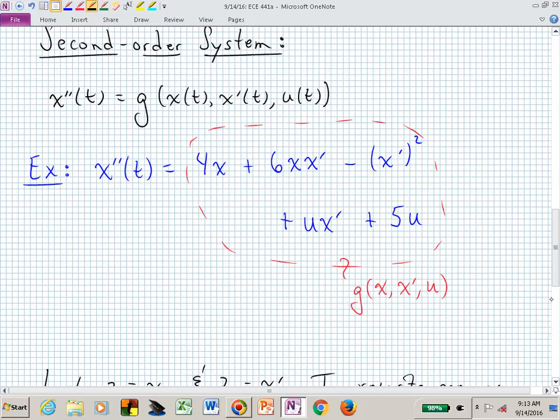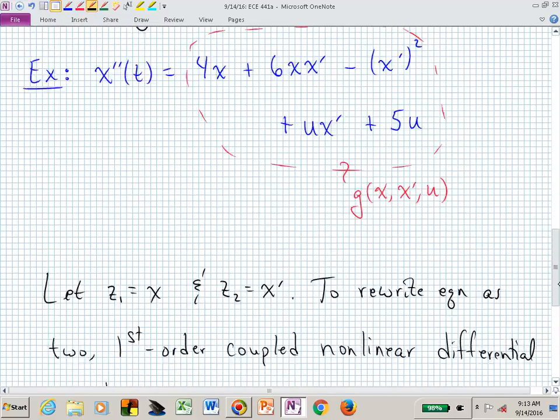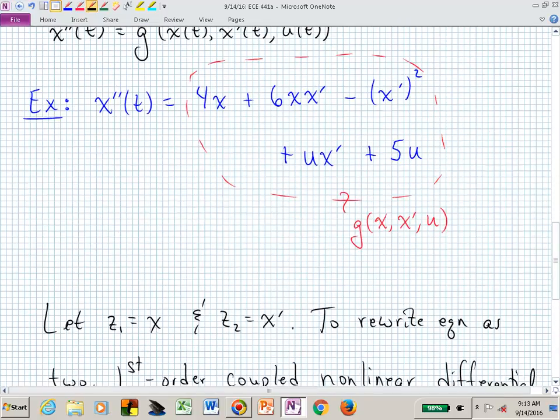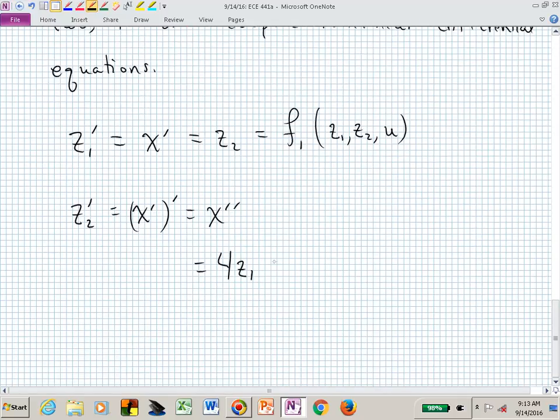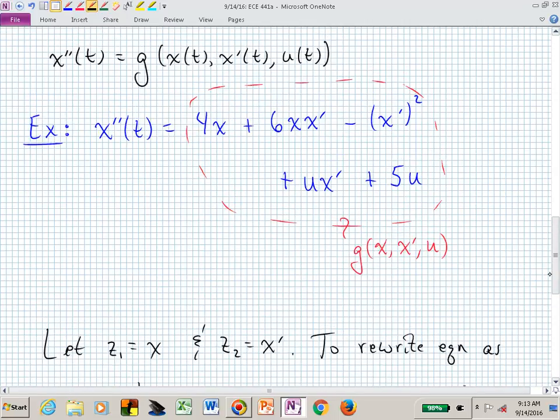And so now that is going to be equal to 4 times x, but we relabeled x as z1. Then we had 6 times x prime. That will now become plus 6 z1 z sub 2. Then we have minus what?